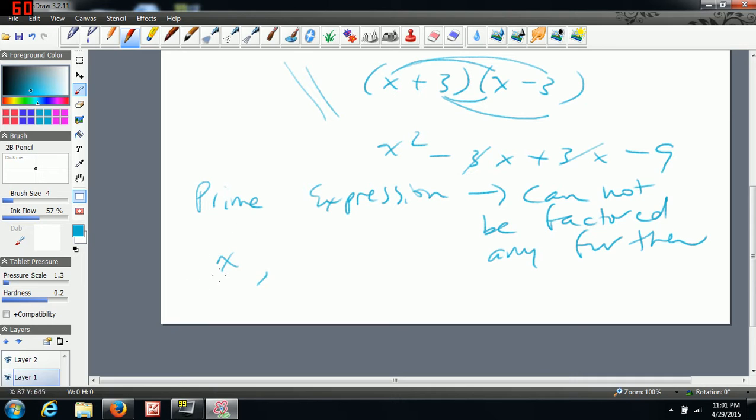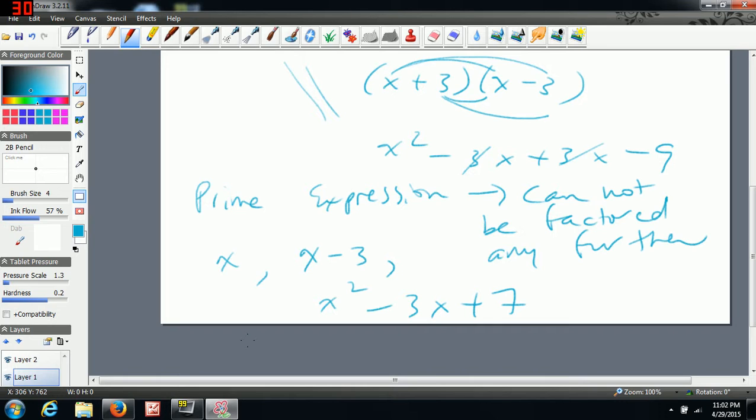We can't factor that any further; the only other thing that would go into this is itself and 1. Okay, x minus 3 is another one that we couldn't factor any further. And even something like x squared minus 3x plus 7. If you actually tried to factor this, you would not be able to. There are no two numbers that would add to negative 3 and multiply to 7 for you to factor this further. Okay, so those are prime expressions.